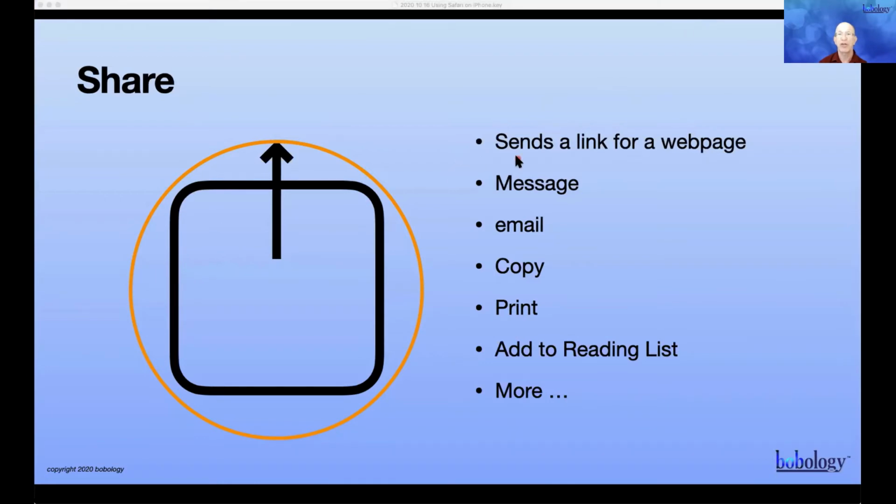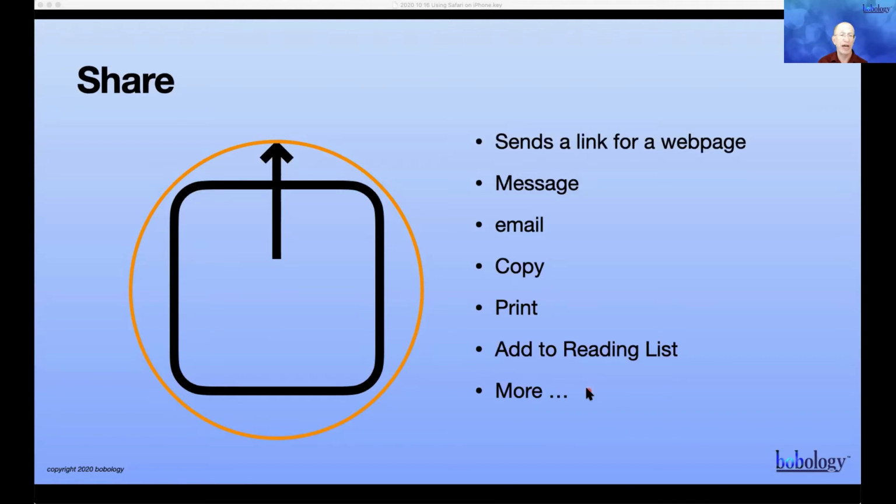It sends out a link if you want to send that web page to someone and share it with someone, but it'll send the link to them. It doesn't send the full copy of the web page. It sends a link to that web page, and you can send it in a message, in an email. You can copy the link, or you can print the web page. You can add it to the reading list, and there's more options.